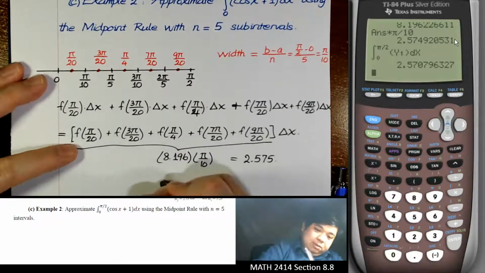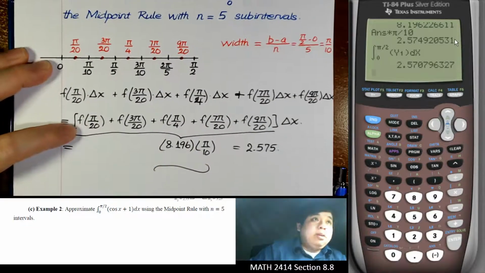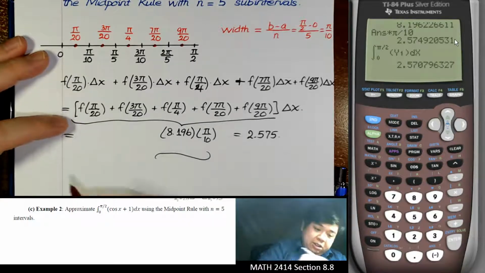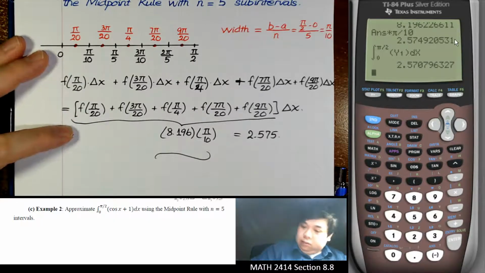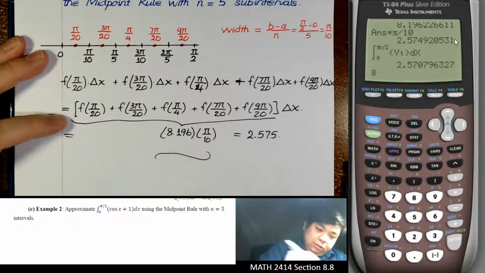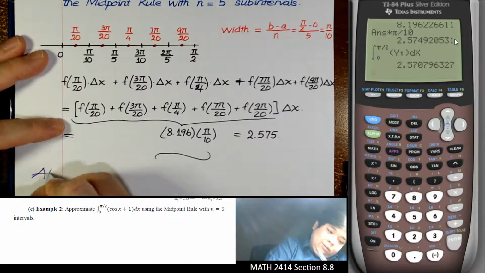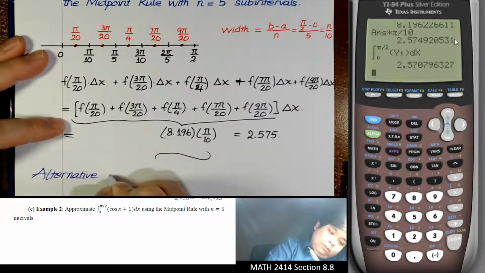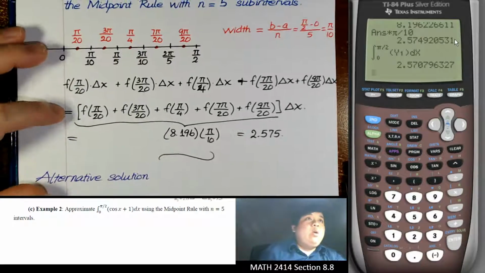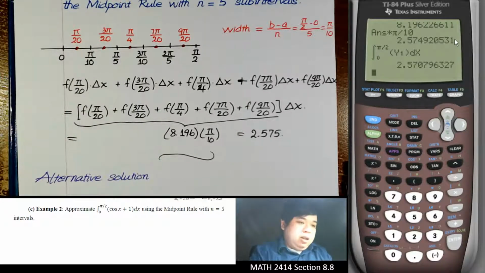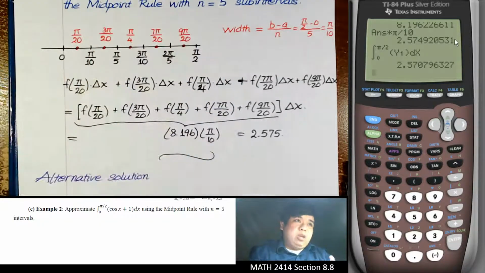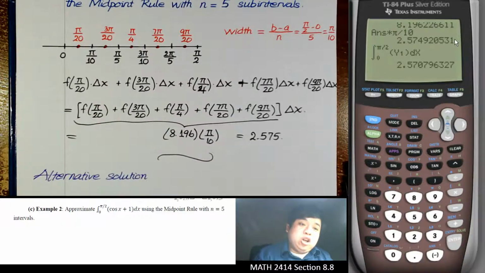Right. Now we do this differently. On the test, I only ask you to divide into 5 subintervals, something small enough that it is manageable.